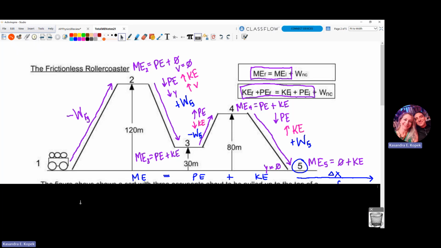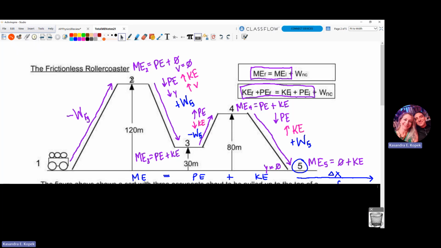As you can recall, in order to gain potential energy, we have to do work against a conservative force. So from 1 to 2, we are doing work to lift that roller coaster car up to the top of the hill. And you guys know that roller coaster feeling, the click, click, click, all the way up that top of that hill.